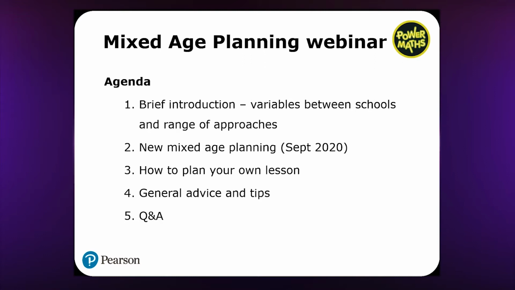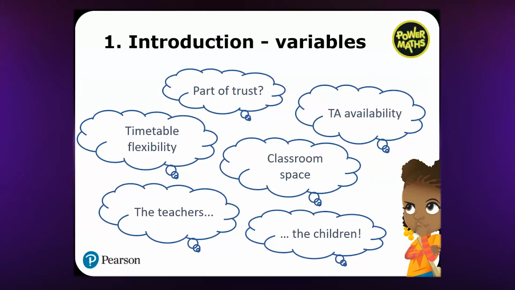Okay, so thinking about the variables, what's different between different schools? Well, one thing will be the availability of TAs, and I guess not just the availability of TAs in a mixed age setting, but also the training that they have, the expertise that they have. Whether the school is part of a trust might be an important or significant difference.